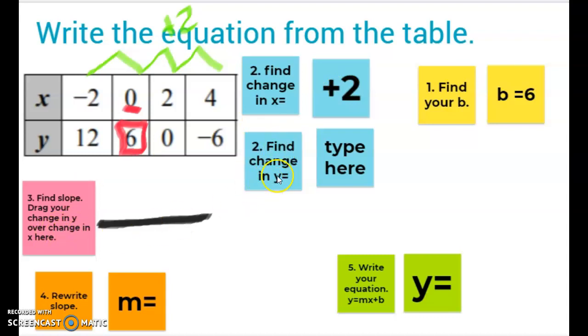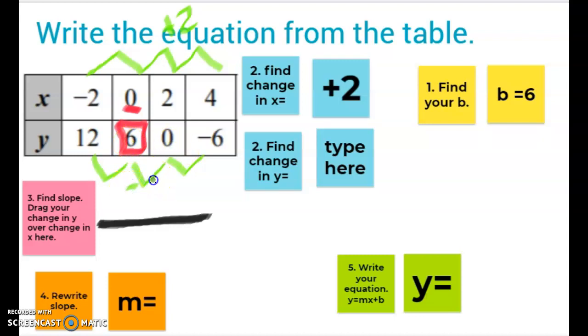Next, find the change in Y. I'm going to do the same thing, crocodile mouths on the Y side. From 6, we're trying to get to 0. From 6, I need to subtract 6 to get to 0.